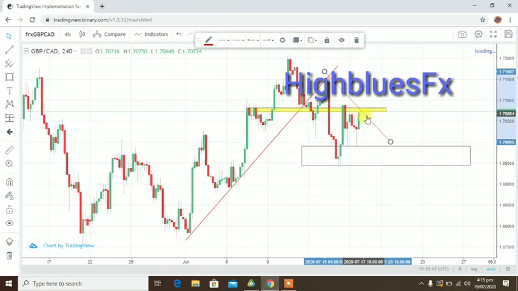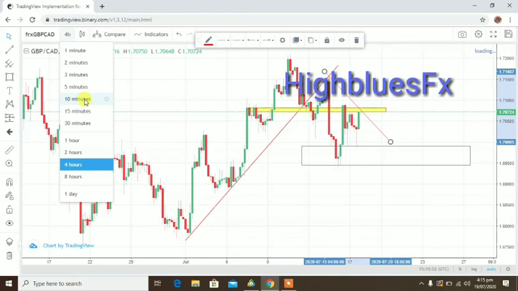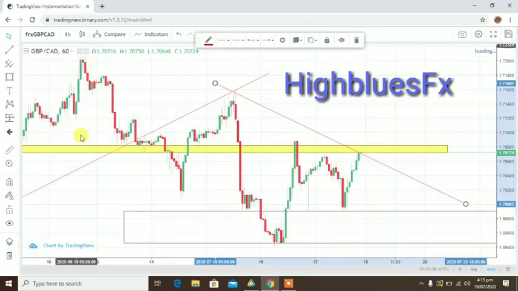So we're expecting the bears to short the market back to this level and possibly break through this level, but our take profit will be at this very level. But then let's go to our 1 hour time frame to have a clearer view of GBP against the Canadian dollar.